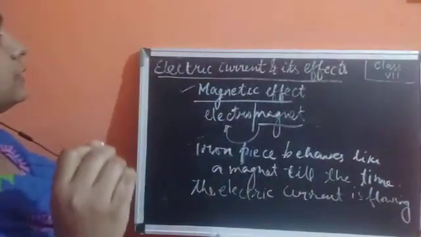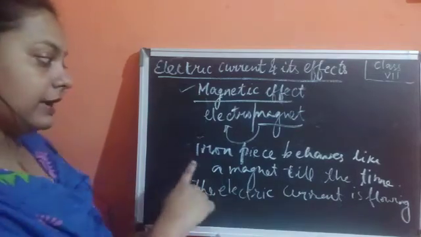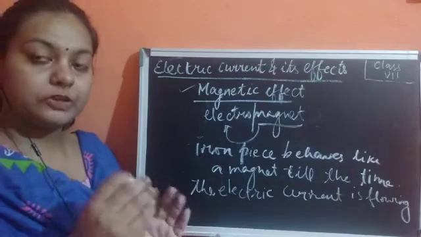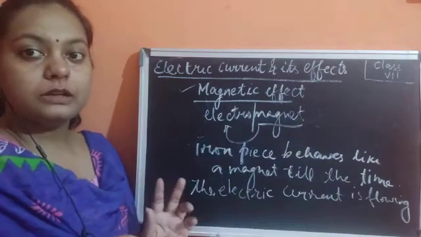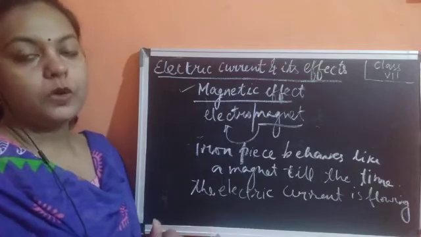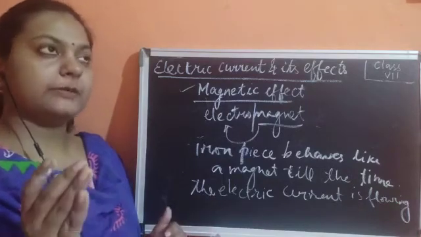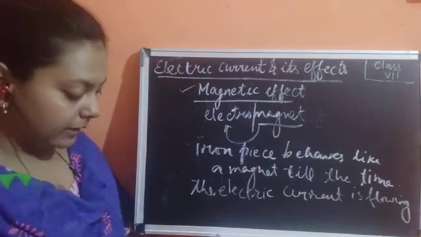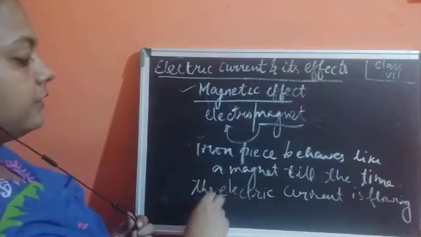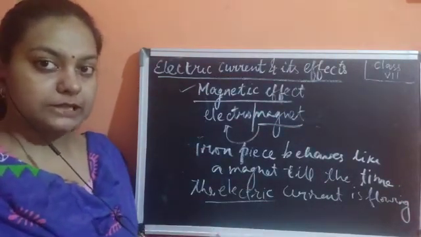So this means that till the time the current is flowing, this iron piece, the soft iron core or material, is going to behave like a magnet. What kind of material could behave like a magnet? It is iron, or magnetic substances which could be attracted by a magnet, that behave like a magnet till the time the electric current is flowing through it.